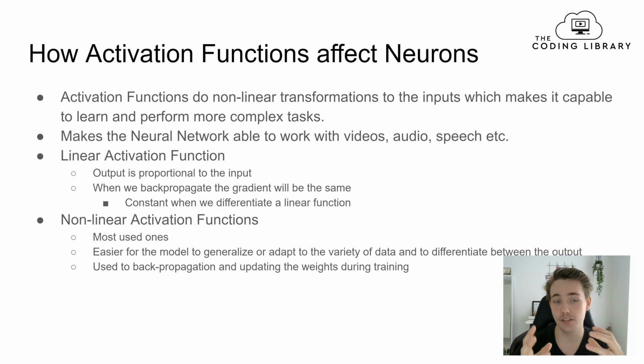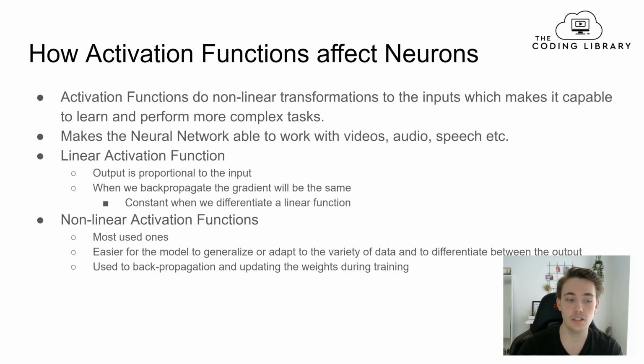If we just did linear transformations, we could use other machine learning methods, like linear regression. So it makes the neural network able to work with videos, audio, speech, and a lot of other kinds of complex tasks that can be done from these nonlinear transformations with the activation functions.